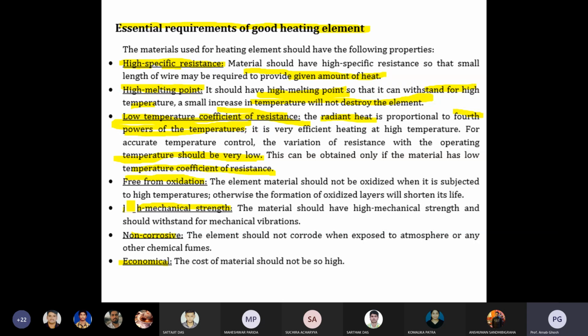Then, free from oxidation. The material you use should not be oxidized; it should not be chemically active. You know that with increasing temperature and pressure, as we study in chemistry, there are some environmental conditions for chemical combinations.